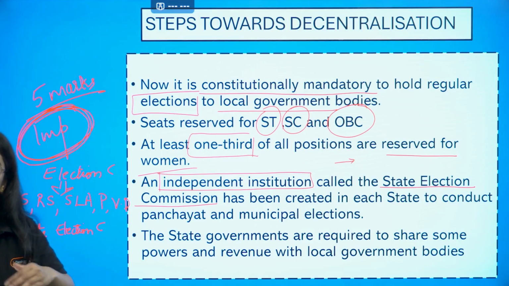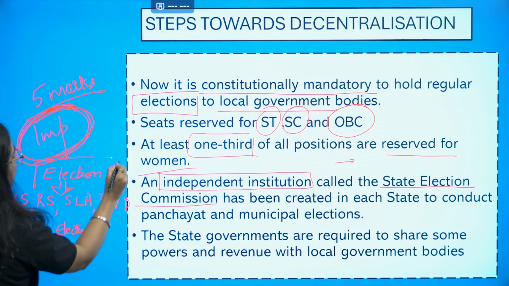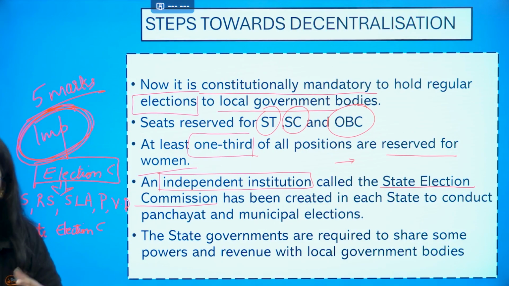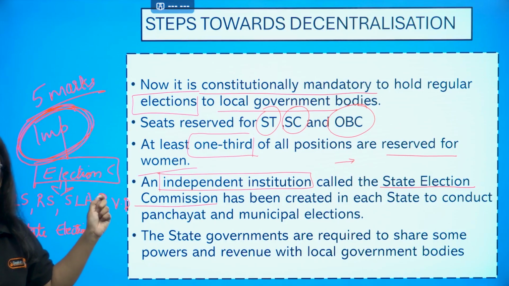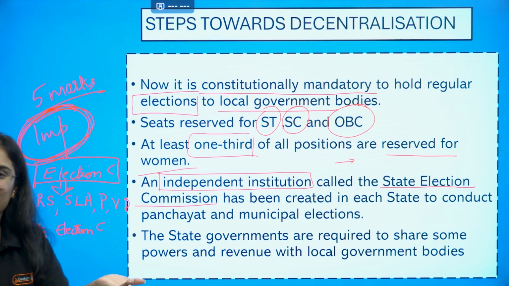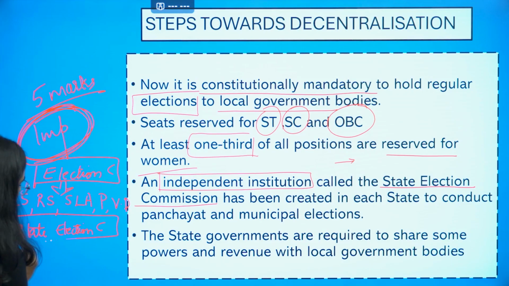Every state will have its own structure of local bodies. It was very difficult for the Election Commission to do that at the center level. And if the Election Commission were doing that, we would call it a unitary structure, not a federal structure. So we have created State Election Commissions that will conduct elections for local bodies.